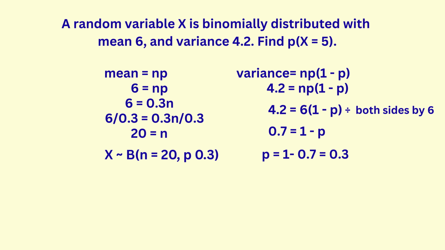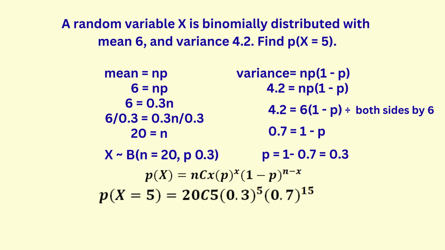So now we can use the binomial formula to calculate the probability that X equals 5. So we replace x with 5, n with 20, p with 0.3, and 1 minus p is 0.7. So the probability that X equals 5 is 0.179.